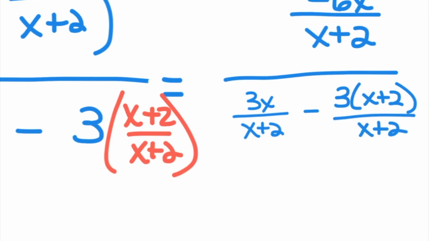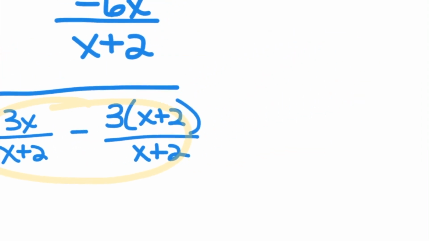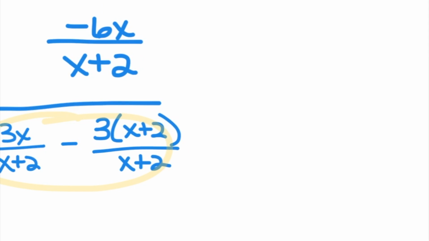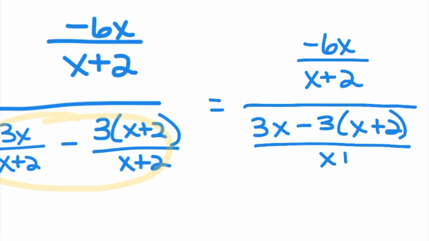So now in the denominator, I've got this subtraction problem, but I've got common denominators, so I don't have to change anything else. And then I have in my numerator negative 6x over x plus 2. I'm not going to simplify the denominator all the way yet. And in the denominator, I have 3x minus 3 times x plus 2 all over x plus 2.